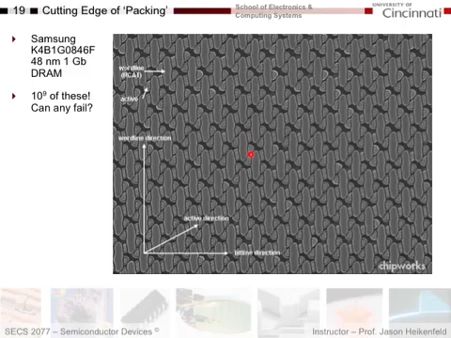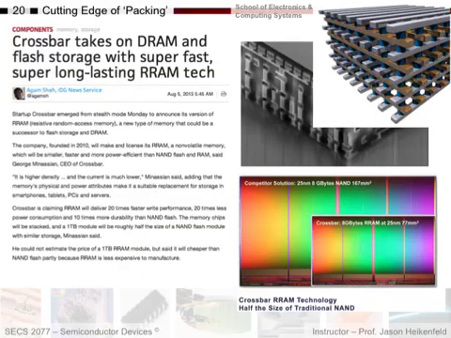So obviously in semiconductor manufacturing, there's a lot of money invested to make it work as well as it does. And others are working on technologies to even upend flash, DRAM, etc. This is a company called Crossbar that's taking on DRAM and flash storage with something they call long-lasting RRAM, a resistive random access memory. I'm not going to go over how it works, but they can get very high densities and stack them up vertically. And here's the key point.